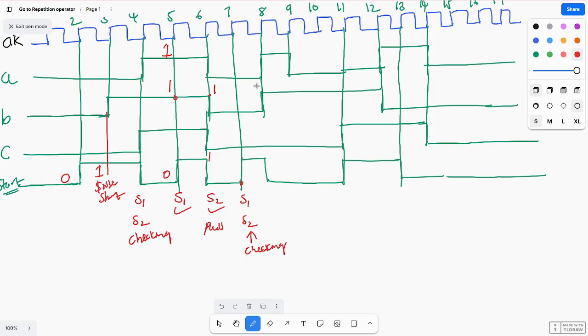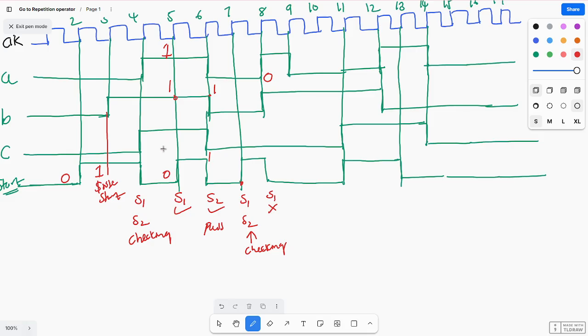Here we are checking for what? Here we are checking at one cycle, and at the next cycle we are checking A. Here A is 0, and the next A is 0. So S1 is going to fail.